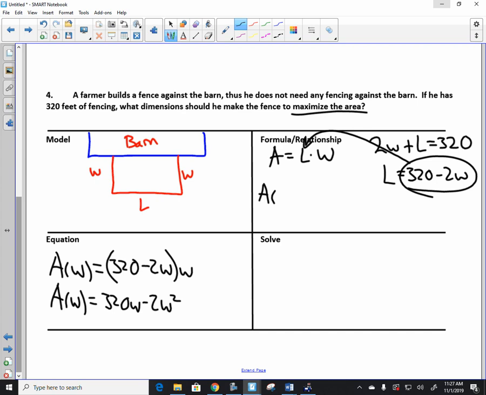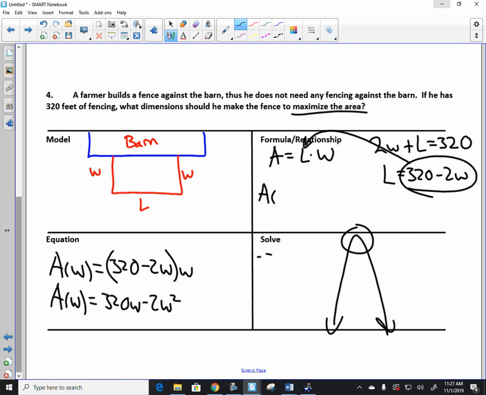My goal is to do what? Maximize the area. Do you know what that shape looks like? Parabola, right side up or upside down? Great, it has a maximum. If it didn't, that would be a problem for me. Now what? How do I do that?